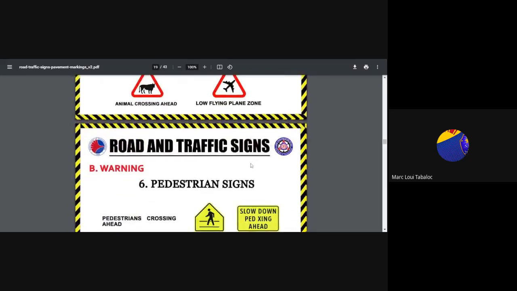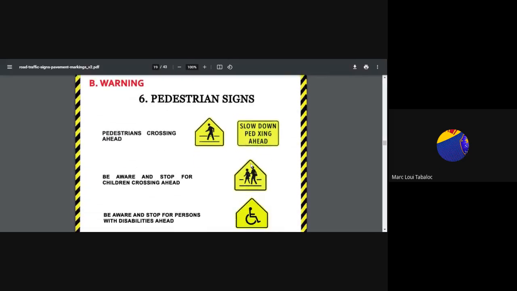Okay? Next, the pedestrian sign. I mentioned that earlier, part of the warning signs to warn people that, oops, there's a crossing ahead. For example, slow down, pedestrian crossing ahead.